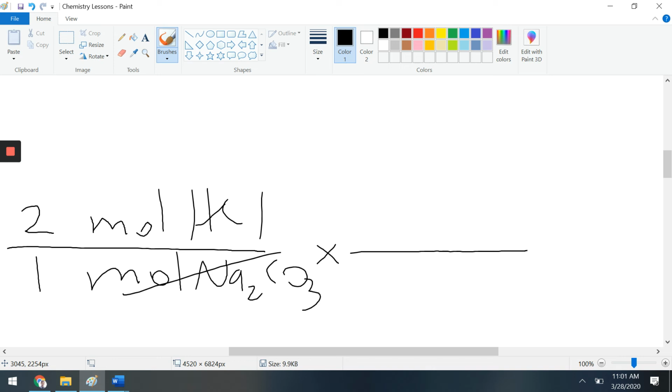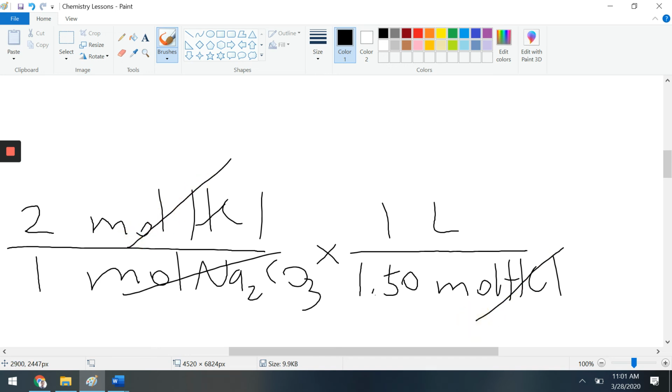So 1.5 moles of HCl. Okay, on top it's going to be 1 liter, right? Because by definition, 1.50 molar, same thing as for every 1 liter of the solution, you have 1.50 mole. So cancel. There we go.